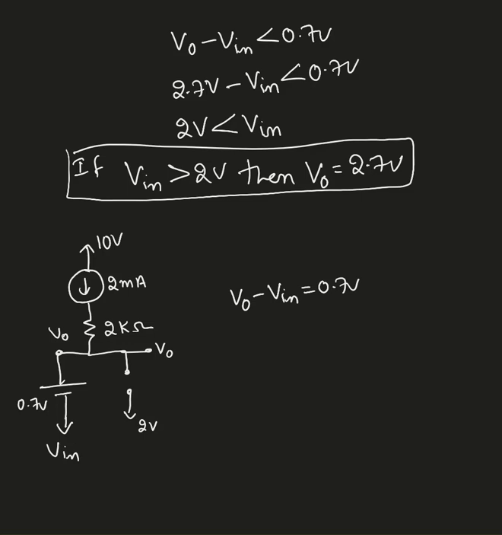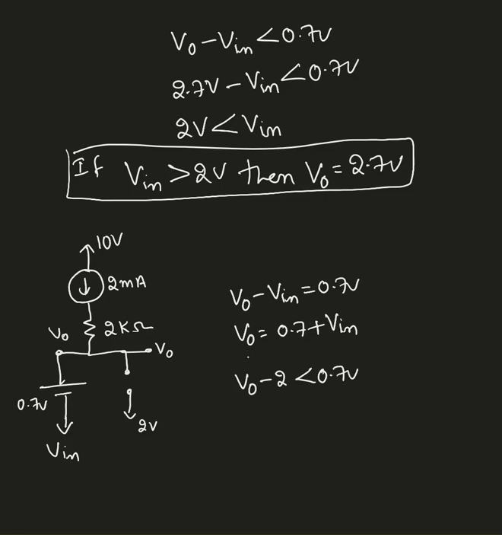So V0 equals 0.7 plus Vn. Now I need to find the condition. I'm assuming diode D2 is open, so V0 minus 2 volts must be less than 0.7 volts. Then only is this going to be open.